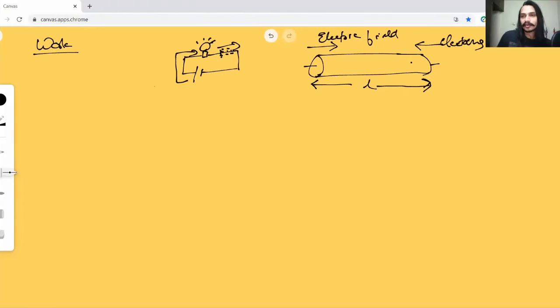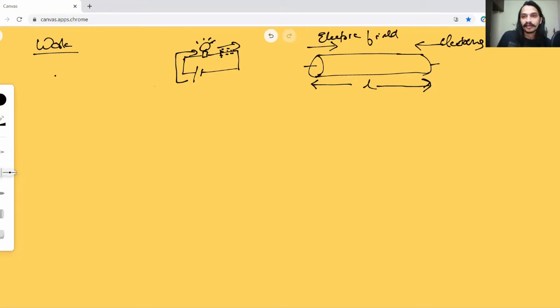Since the electrons have to move against the field, there is some sort of work being done, some sort of force being given, what we call the electric force. There's some electric force that is being given to the electrons to move against the field. We're going to try to find out how much work exactly happens.